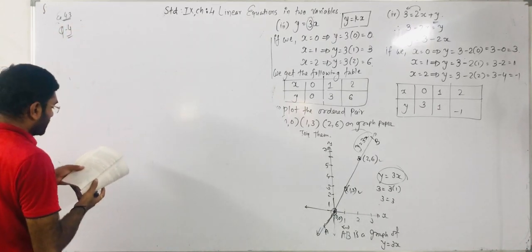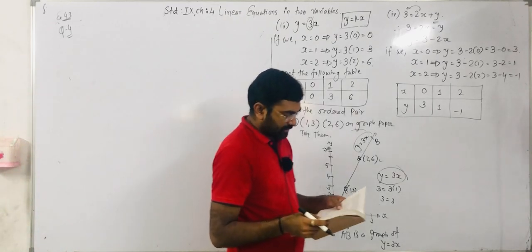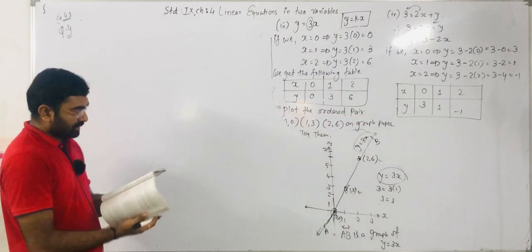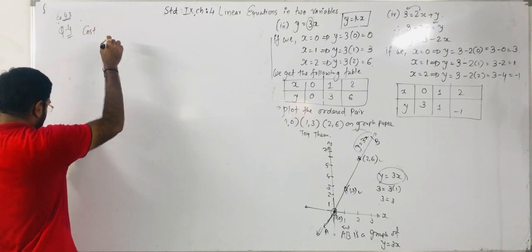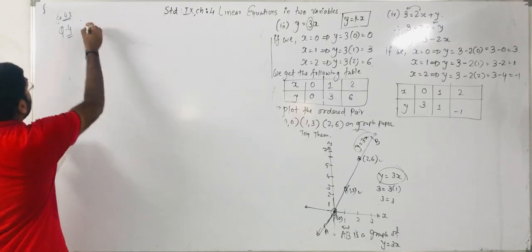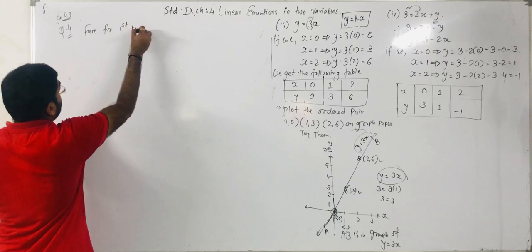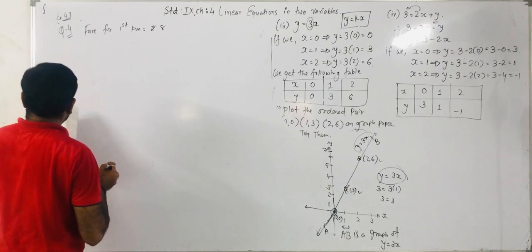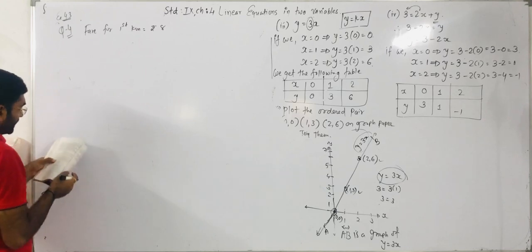There is given the taxi fare in a city as follows. In a city, the taxi fare sum is given. For the first kilometer, the fare is rupees 8, and for the subsequent distance it is 5 rupees per kilometer.